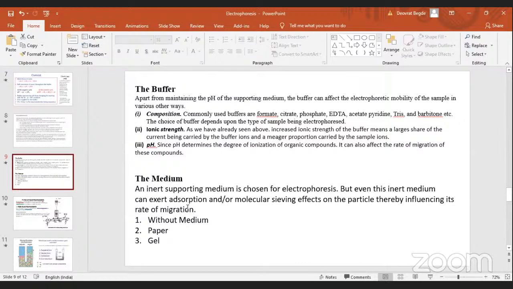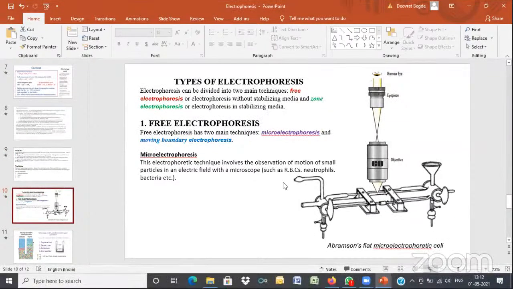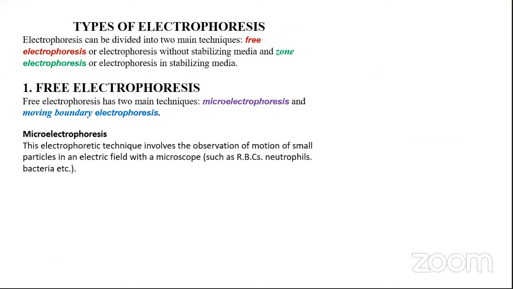But the necessity of incorporation of a stabilizing medium for electrophoresis came much later, when it was understood that there are certain factors which might not be very favorable in terms of electrophoretic separation when you carry it out without the support medium. So broadly, there were two forms of electrophoresis that were identified, and one form in which you don't incorporate any supporting medium, and that is referred to as free electrophoresis.